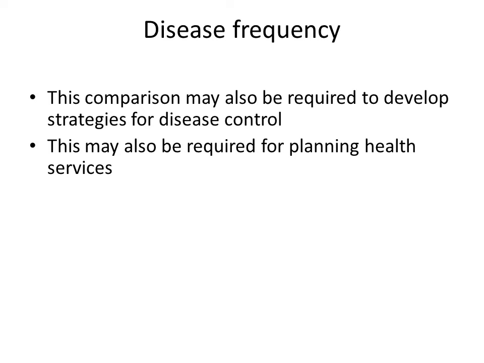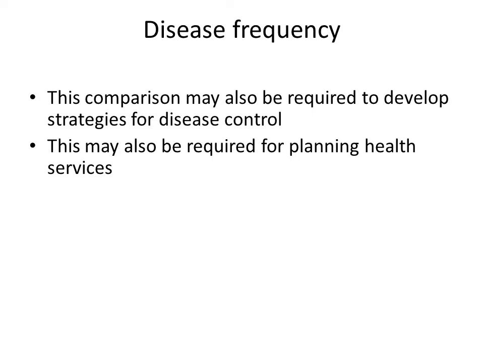Disease frequency is also essential for planning the health services. Health services mean various clinics, hospitals, hospital beds, medicines to be supplied to these centers, etc. for controlling diseases. Each area is unique in having its own pattern of disease.